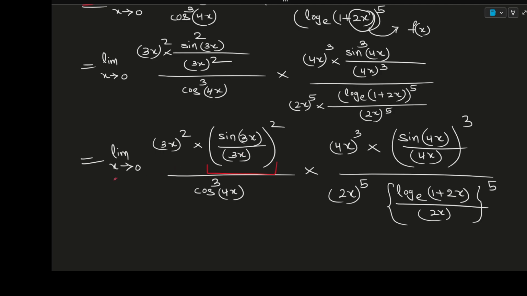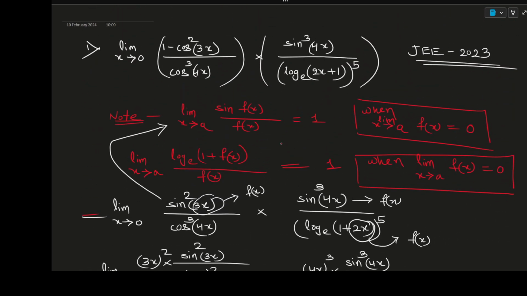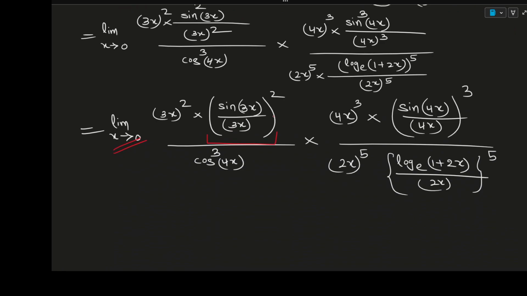When x tends to 0, 3x tends to 0, so we can clearly apply this result. f of x is our 3x, when x tends to 0, f of x is 0, and that's why we can apply this result. Then the limit of this one will be 1, and the limit of this one will be 1 as well.